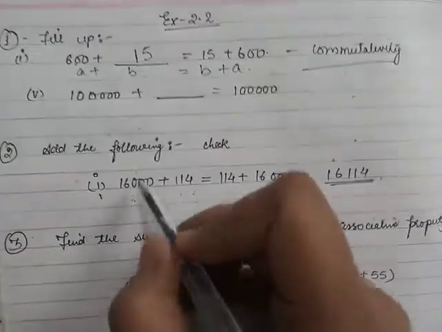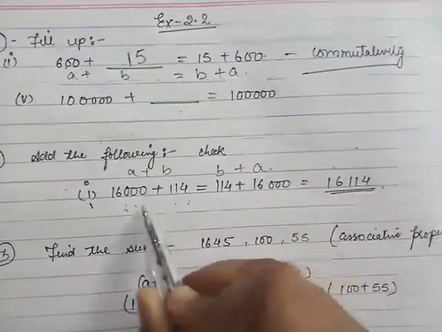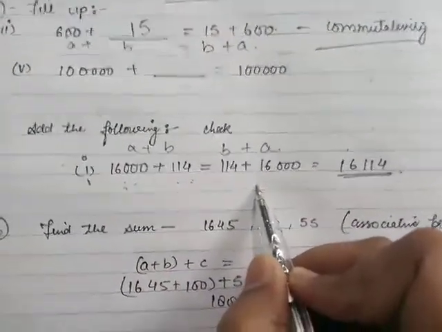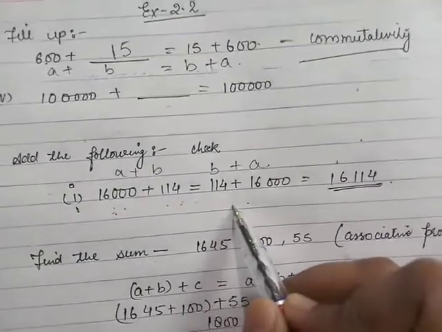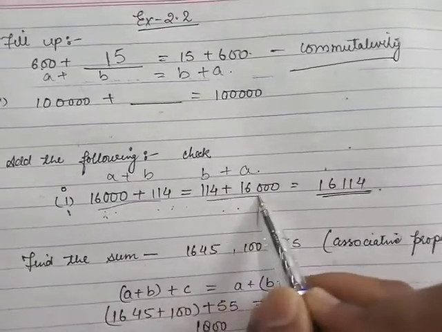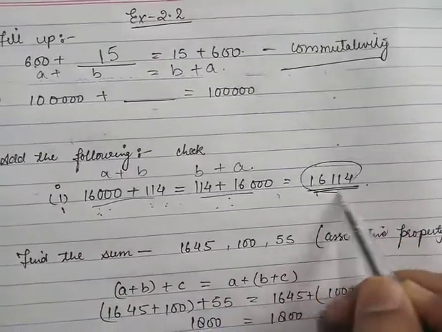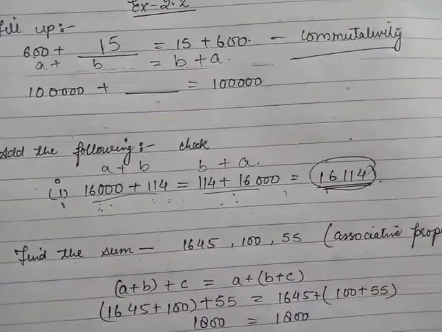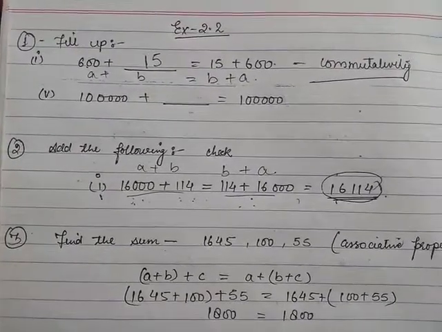This is A plus B and this is B plus A, so we have to check this also. Putting on the law of commutativity, we can check it. So A plus B is equal to B plus A, and the value will be 16,114.